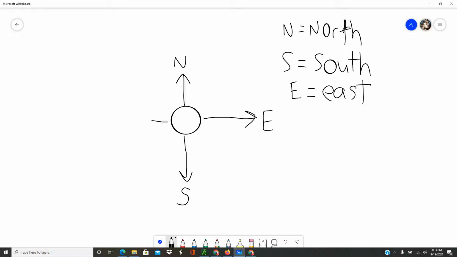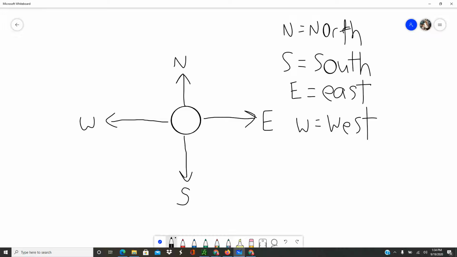And then finally, if you went to the left, you would go west. So now we have a little bit of an idea of when we look at our maps, what direction we're going in.